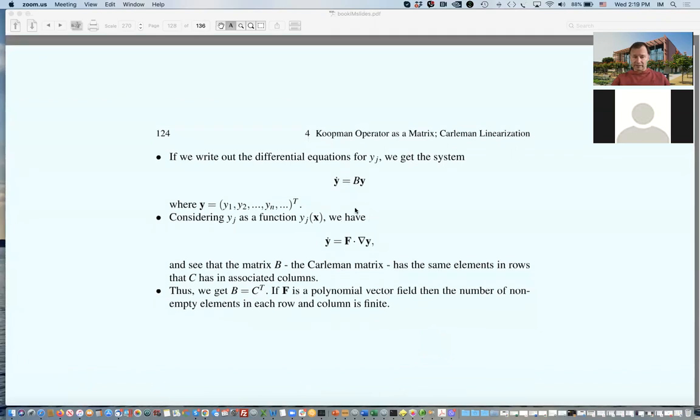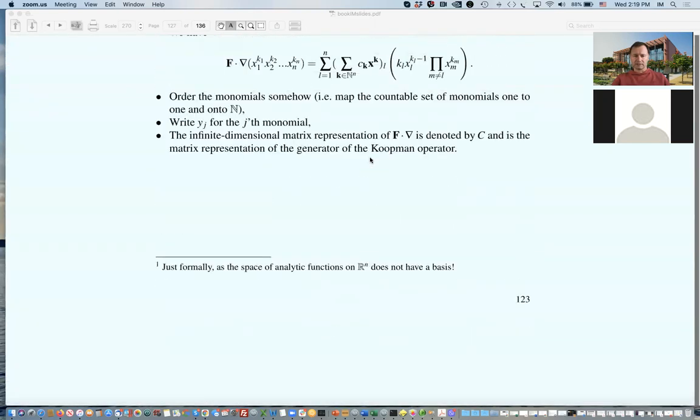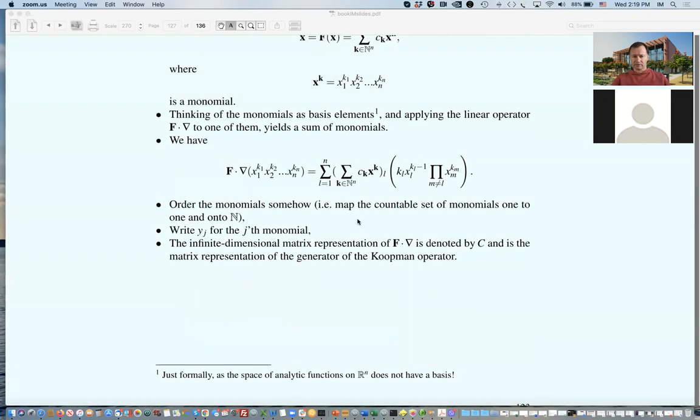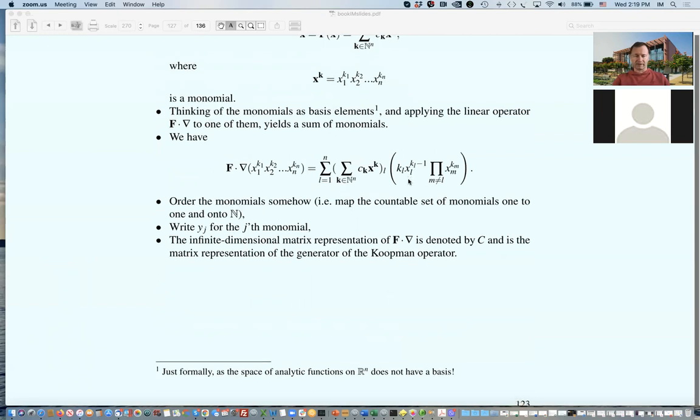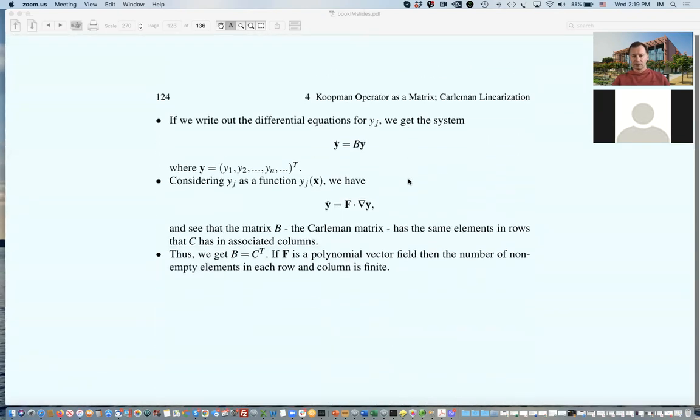Now, on the other hand, if we write out the differential equations for the yj's, remember the yj's are these monomials, ordered in some fashion. So if we write it out, we'll get y dot is By. How is that?